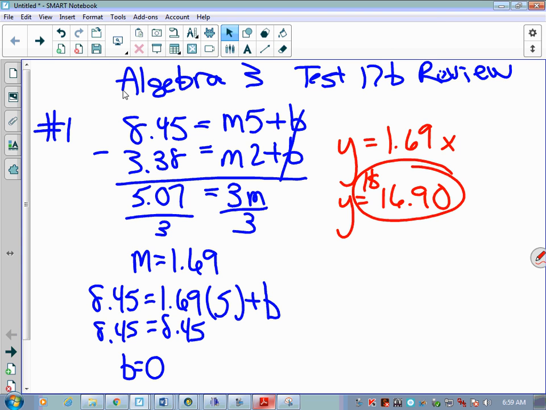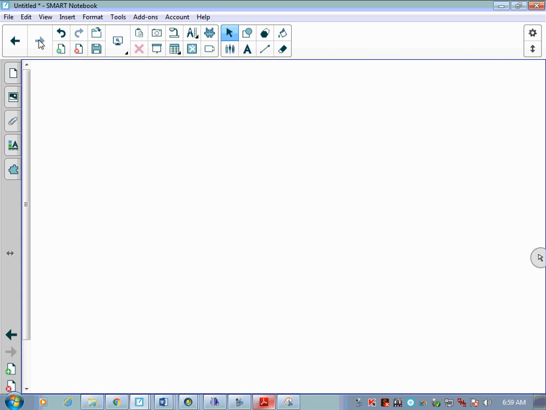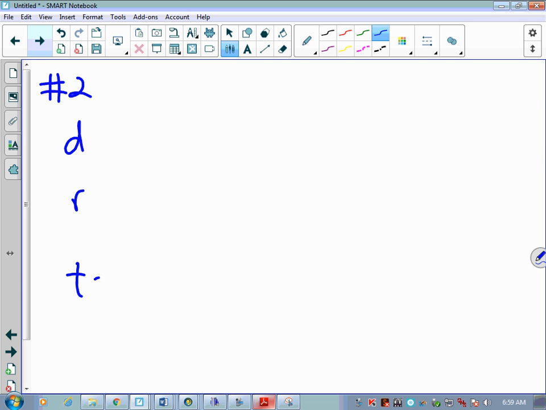Move quickly on to question number 2. It says Aaron traveled J inches in T seconds, and then traveled K inches in 4t minus 2 seconds. So let's start off with distance, rate, time. He starts off here, he travels J inches in T seconds. Rate is distance over time, so that would be J over T in case we need that.